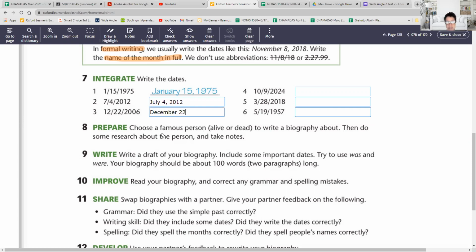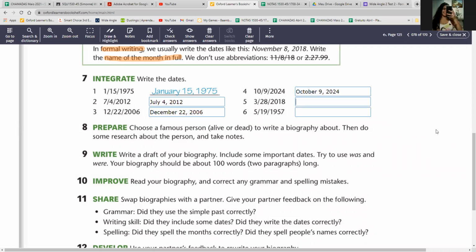December 22nd, comma, 2006. Now number 4, what's the month? October. Yes, October 9, comma, 2024.